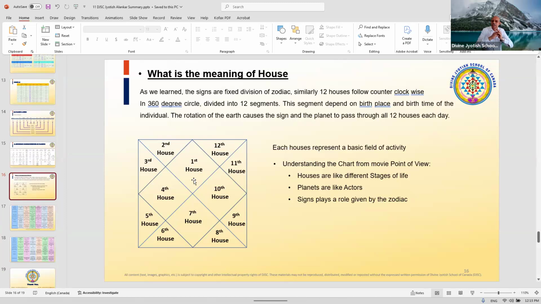The sign or ascendant is what comes in the Eastern horizon when you are born. So this is the difference between Rashi and sign. When you say Mithun Rashi, it means the moon is in Mithun.